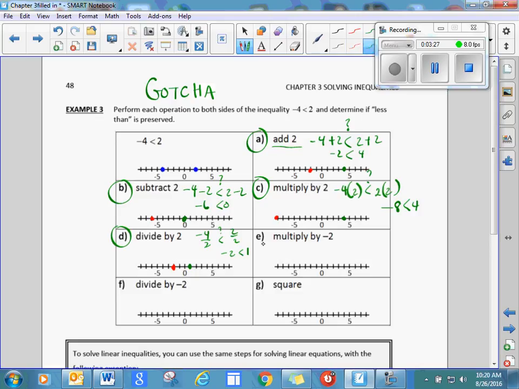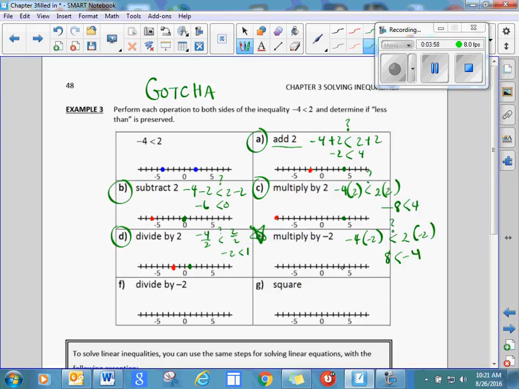So here comes the first exception, multiplying by -2. Let's set it up like we did the other ones. We'll take the -4 that we started with and multiply it by -2, and we're asking ourselves, is this in fact still less than 2 times -2? And here's where it falls apart, because a negative times a negative makes this a positive, and our statement that 8 is less than -4 does not work. That's not a true statement.